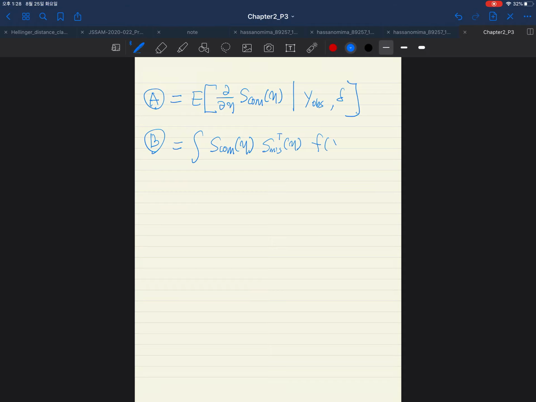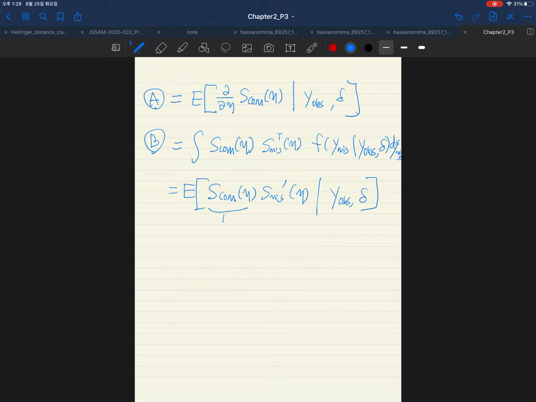So density is this one. So we are doing something like this, transpose, conditional on y miss, delta, obviously this.